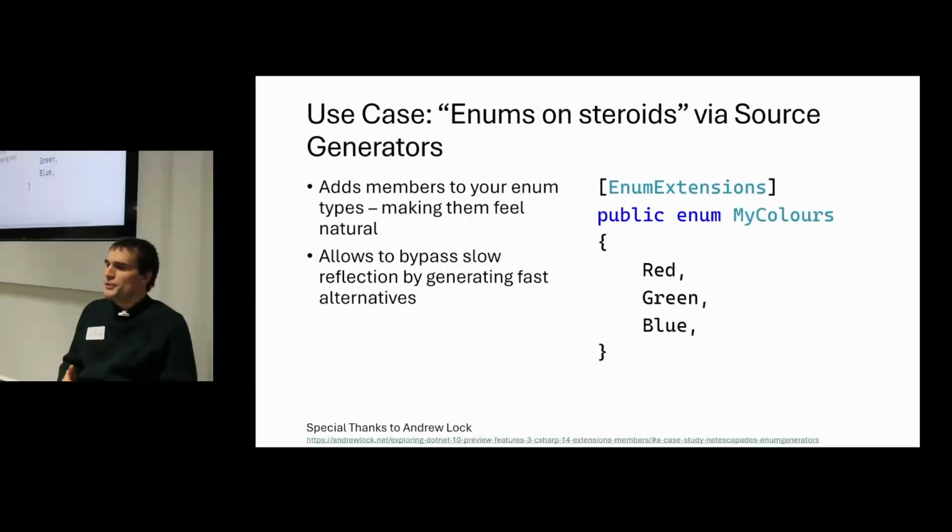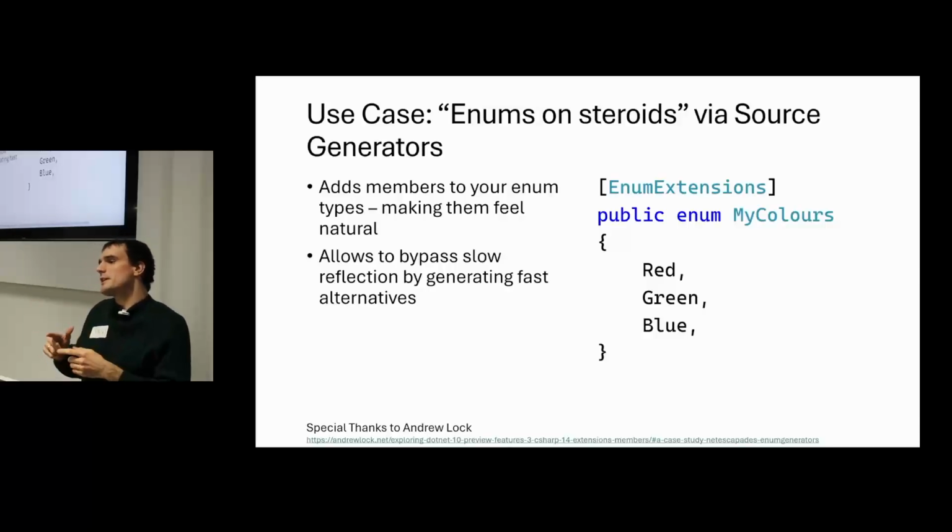The third use case I have in this presentation is enums on steroids. Basically, you can combine extensions and source generators to actually add methods and properties to enums. And you can even add static methods to enums. You can use that to work around the fact that the methods defined for enums depend on reflection.